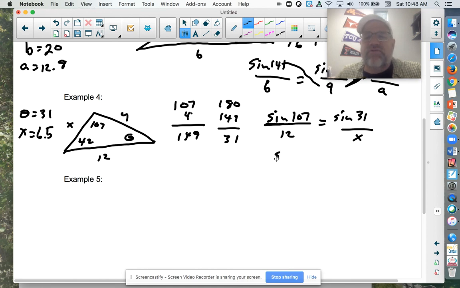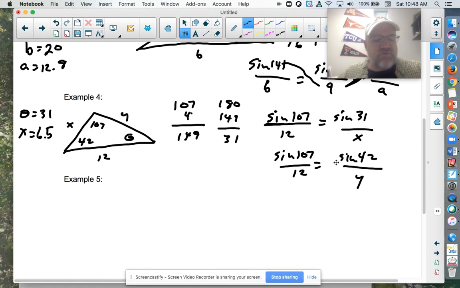I'm going to do the same law of sine. Sine of 107 over 12 equals, this time I'm going to say sine of 42. I will tell you the mistake most people make is they forget the sines. They think it's 12 times 42. Make sure that we put in sine of 42. So you realize that sine of 42 will generate a fraction or a value.